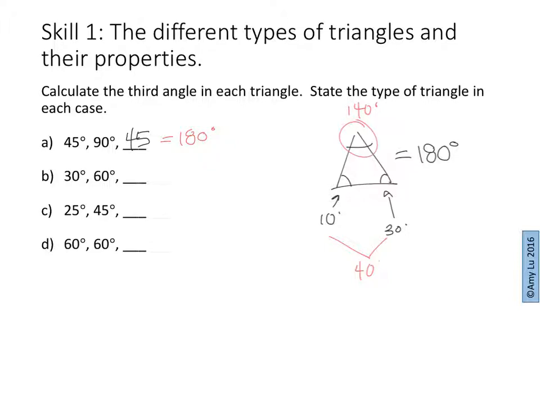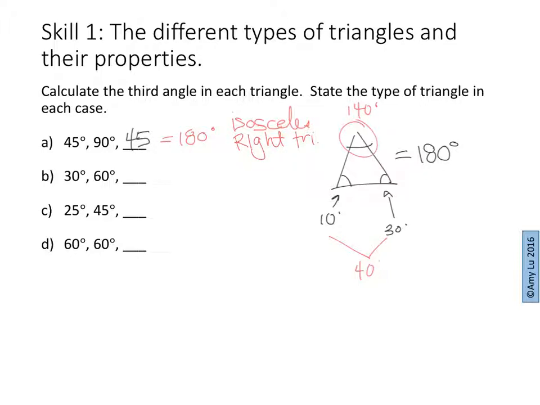This type of triangle, because it has two side angles that are the same, it is considered an isosceles triangle. But also, because it has a 90-degree angle, what makes it special is that it's an isosceles right triangle.